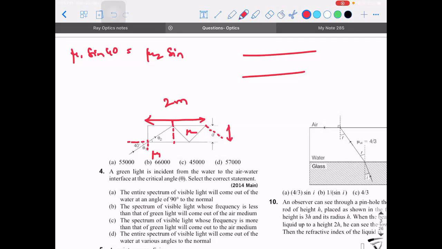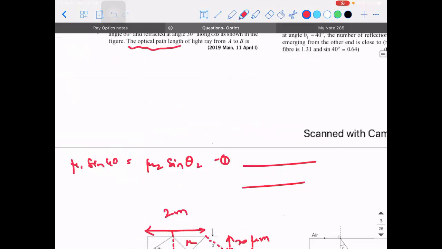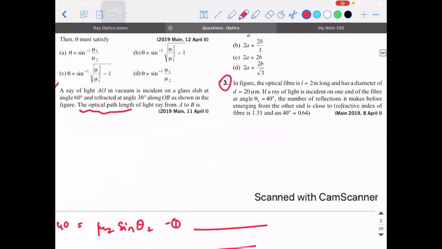They have given its thickness as 20 micrometer. Is there anything that I can make use of? Sin theta 2, correct. Let that be equation number 1. Similarly, what is mu1? mu1 is the air medium.